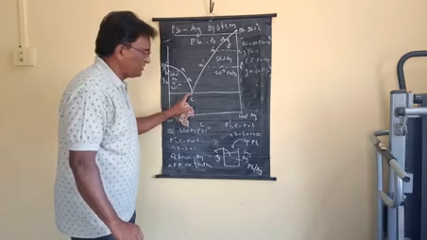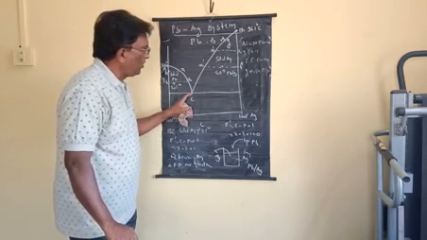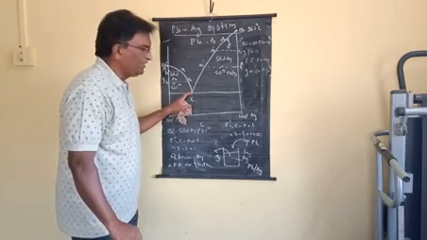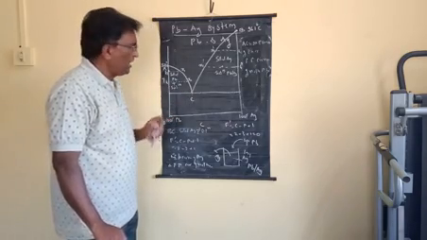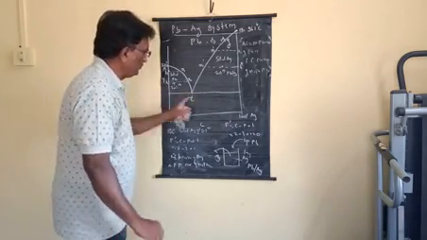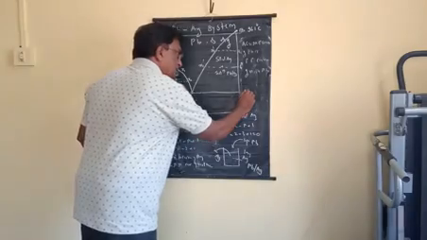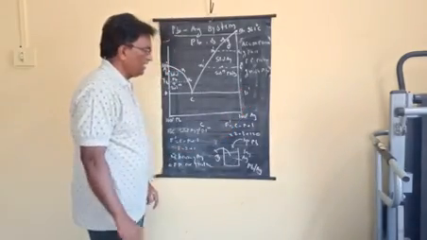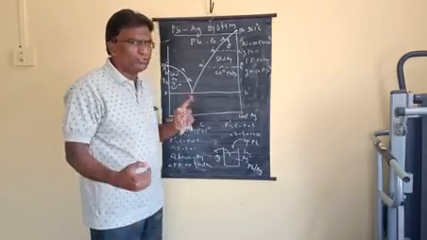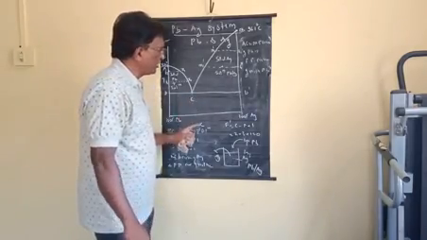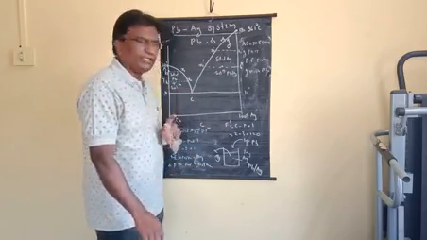Now this is the point which contains solution of fixed composition, and if we cool this content below this line DD', then whatever liquid material, whatever solution material we have, will be solidified, and that solidified material is called eutectic.